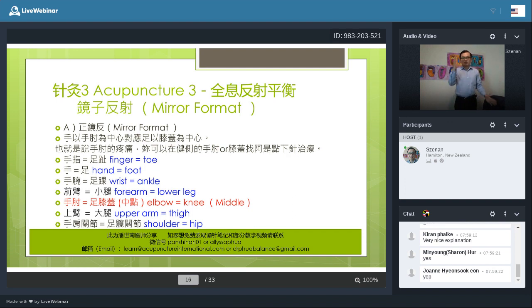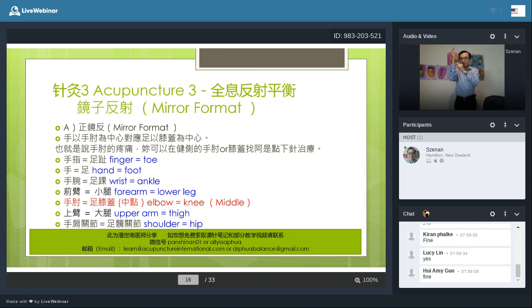Okay, see, if the pain is over here, where can you treat it? You can treat on the opposite side. If pain in here, pain in neck one, let's say, you can treat over here, right? Because you see, this is one option that you can choose, the point on this area.